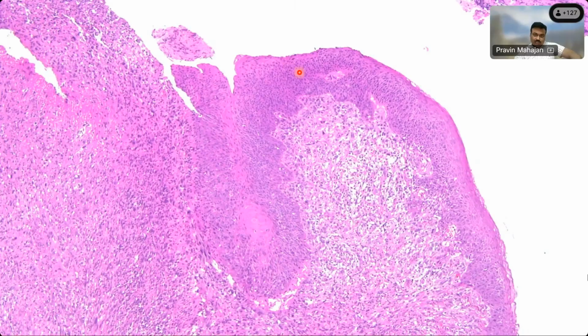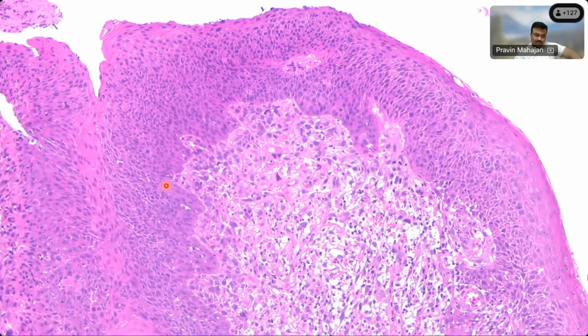And at least at this low power, it seems like there is definite dysplasia in the squamous epithelium here. You move on to high power and you start to see very irregular nuclei, very haphazardly arranged. That means you are saying there is loss of polarity, because there is no proper maturation happening here, at least in the lower two thirds of the epithelium.